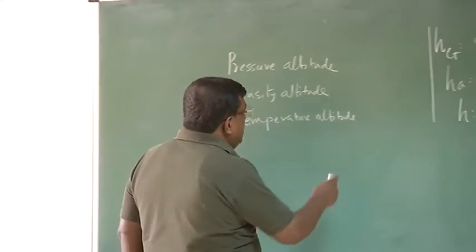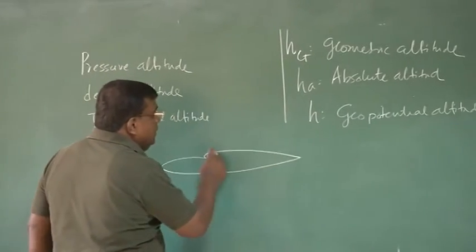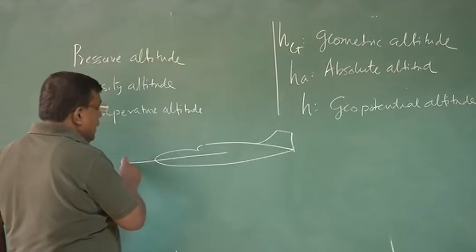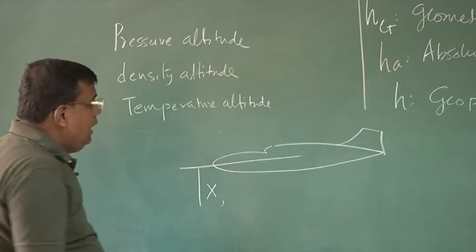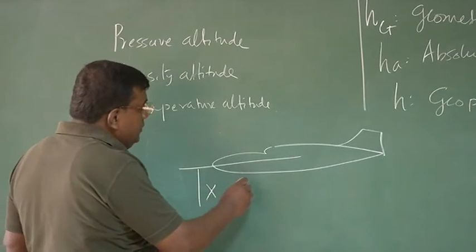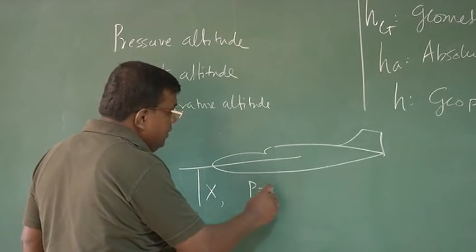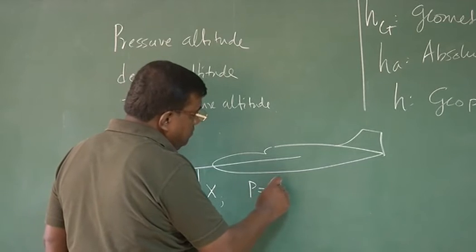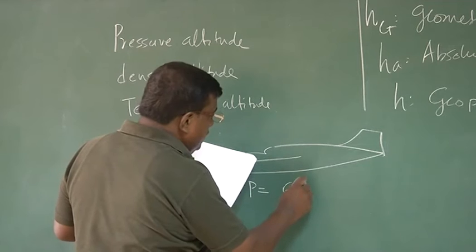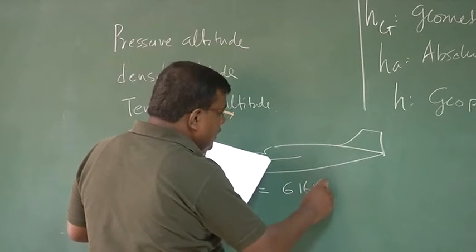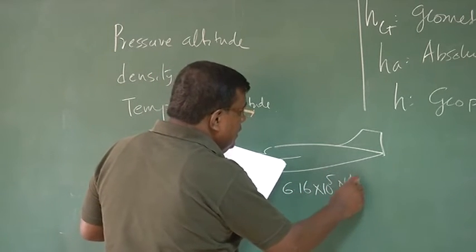Suppose, for example, an airplane is flying at some altitude x, right? And it is sensing pressure, static pressure, let's say around 6.16 into 10 to the power 5 Newton per meter square.